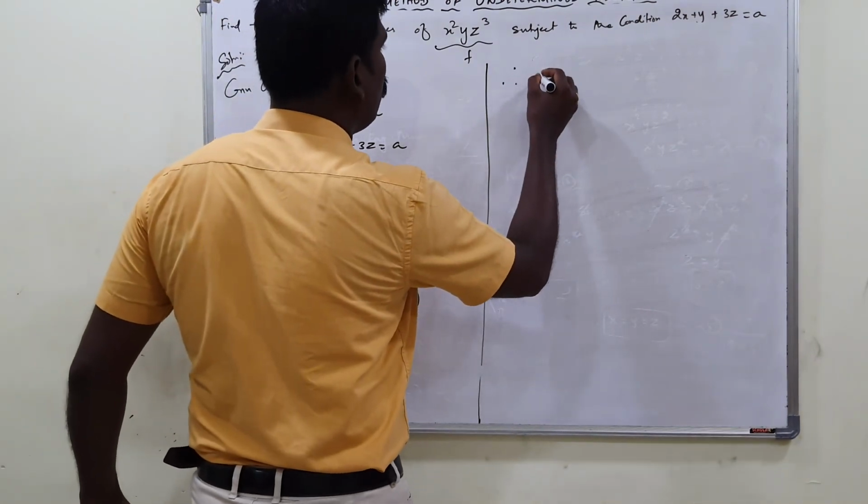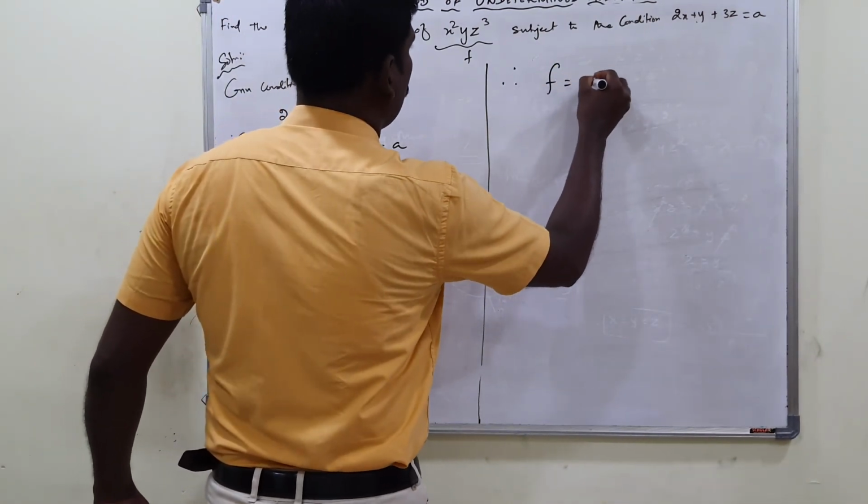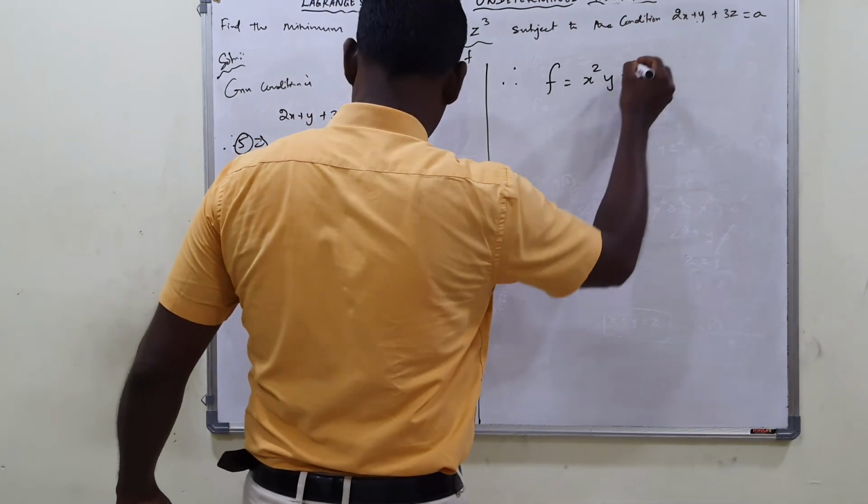Therefore, what is f? x square y z cube, isn't it?